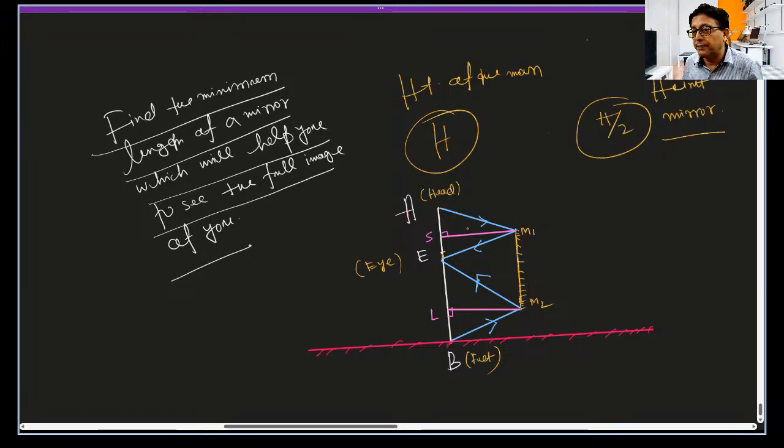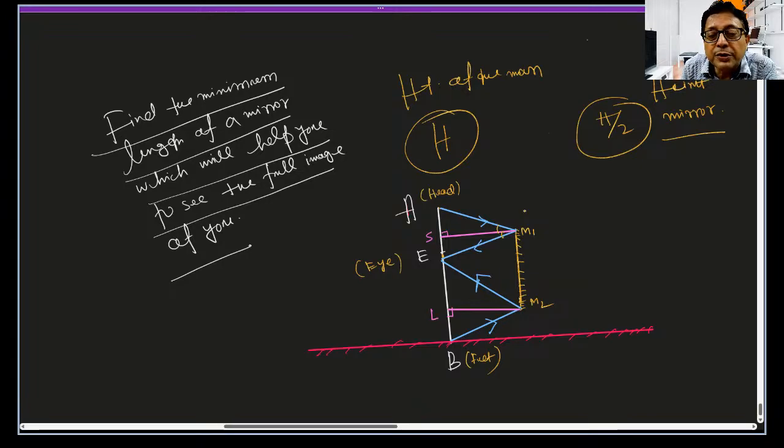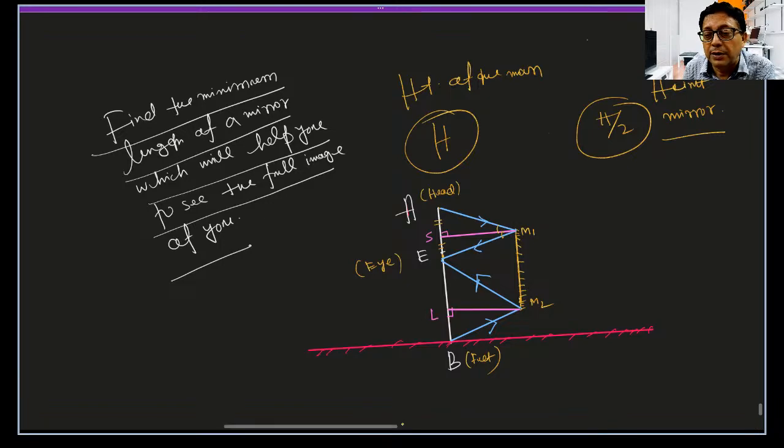Your eye is also clear. Now, you know, this angle equal to this angle, so definitely this thing going to be equal to this thing. Agree or not? Again, this angle is equal to this angle, so this thing going to be equal to this thing.